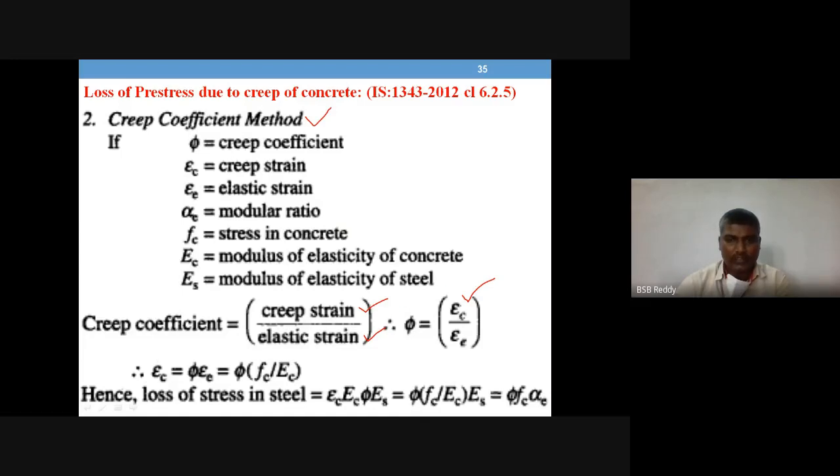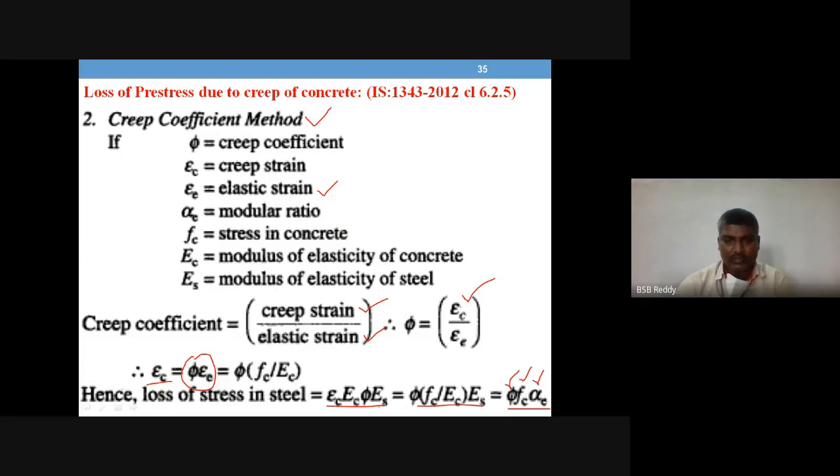So the creep strain value is equal to phi, the creep coefficient, into the elastic strain. That way you can find the losses by simplifying these expressions. You will have the creep coefficient multiplied by the stress in concrete at the level of steel and the modular ratio.